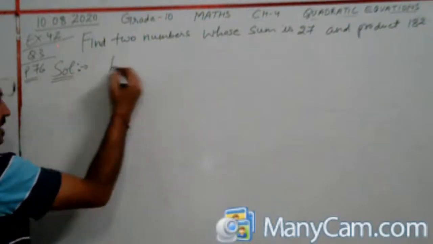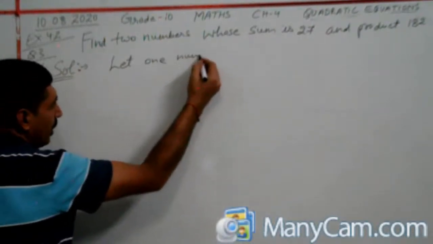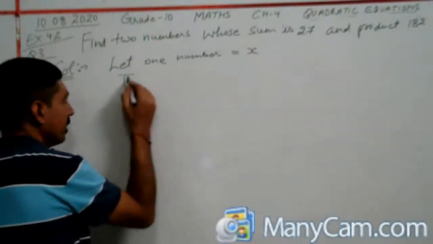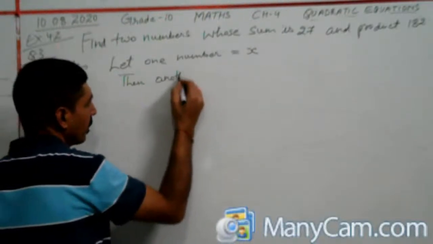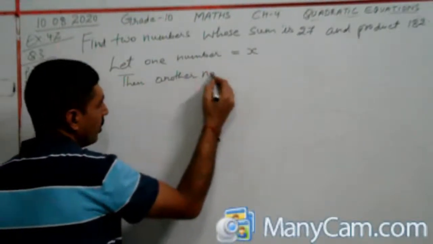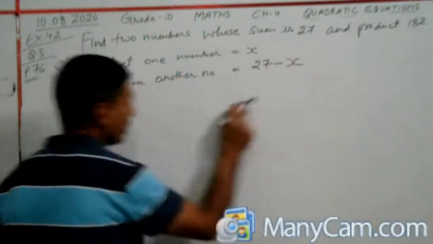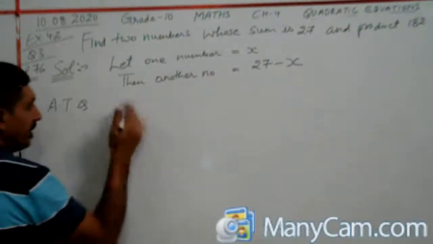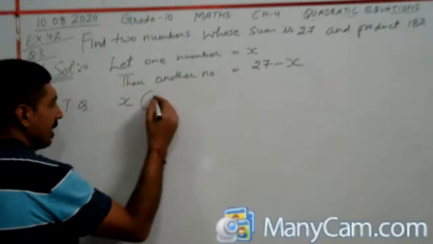Let one number be x, then the other number is 27 minus x.